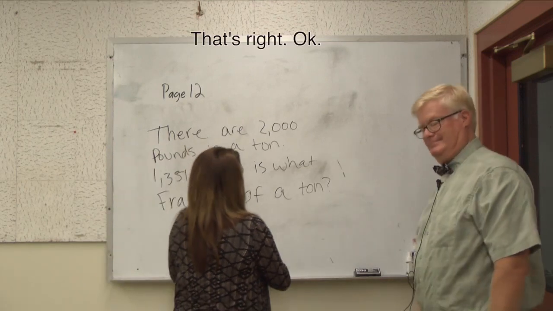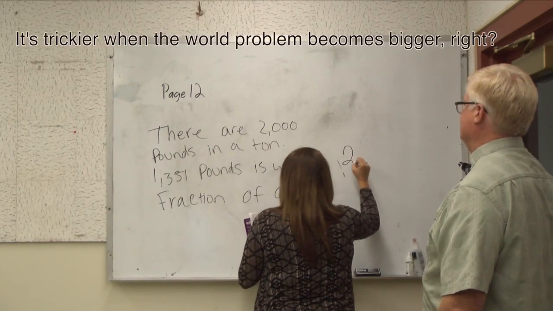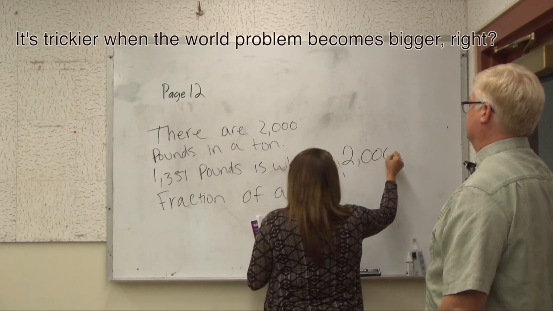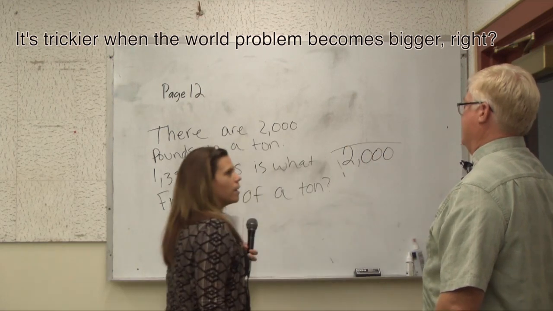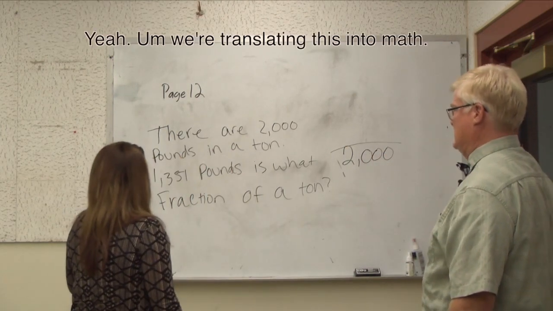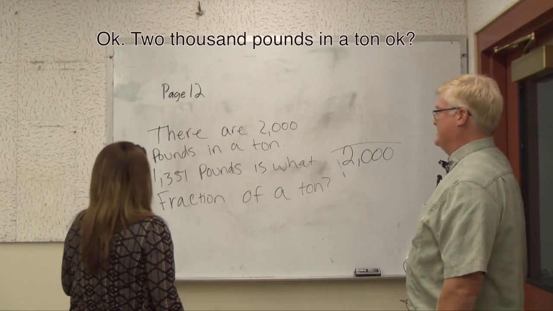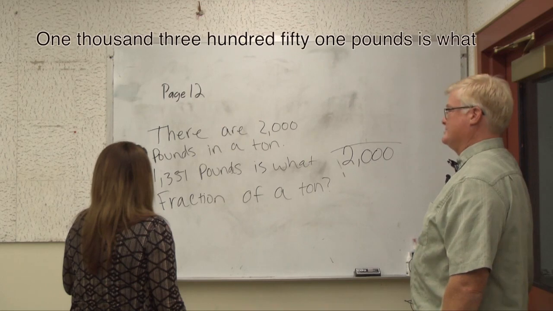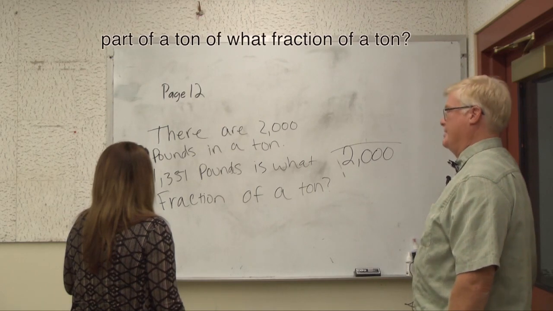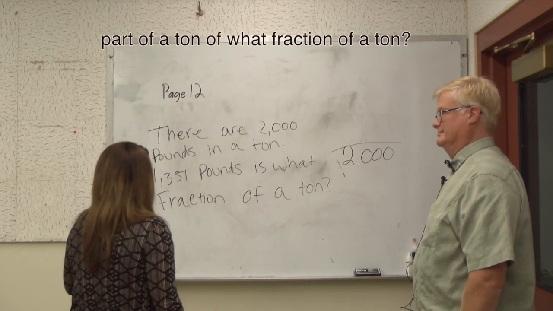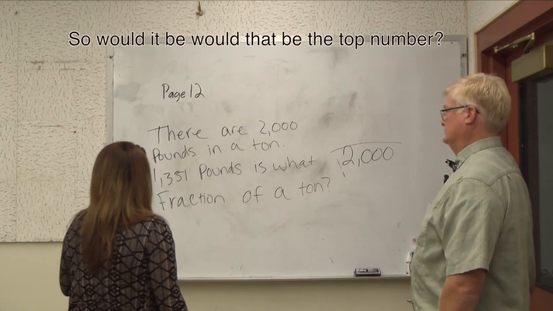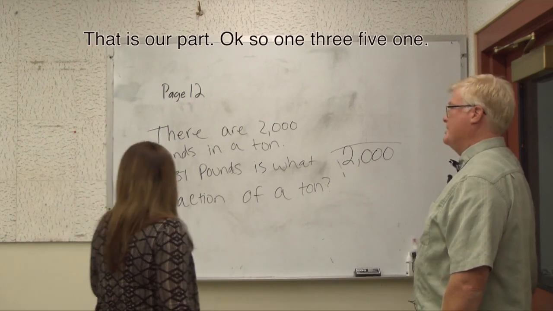It's trickier when the word problem becomes bigger. We're translating this into math. 1,351 pounds is what part of a ton or what fraction of a ton? So would that be the top number? That is our part.